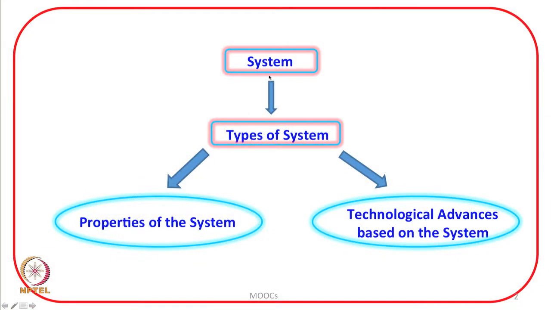And also, a technologist will use these properties to come up with sophisticated instrumentation. So that is why, as commented on this slide, the system was subdivided into different types, and the types of the system will decide the properties of the system, and will also be utilized in developing technological advances which definitely depend upon the properties of the system.